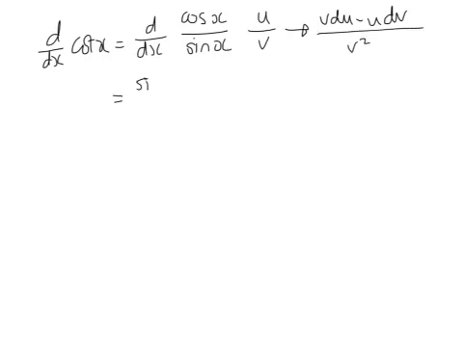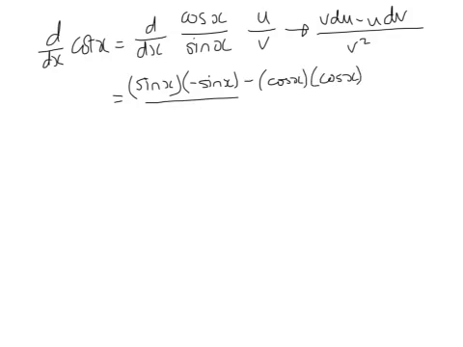So we get sine x on the top times the derivative of cos x, which is minus sine x, then minus u, which is cos x, times the derivative of the bottom, derivative of sine x is cos x, all over the bottom squared, sine squared x.